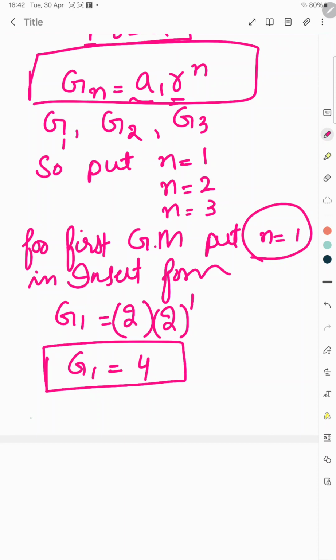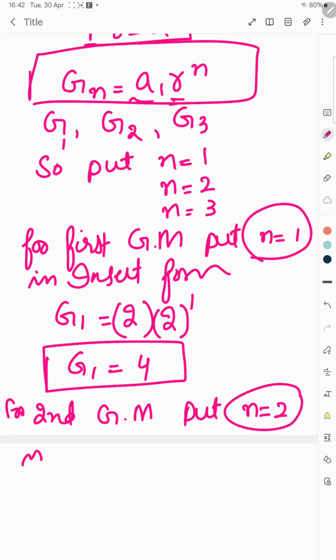Similarly, I will find the second geometric mean. For the second geometric mean, put n is equal to 2 in the insert formula.